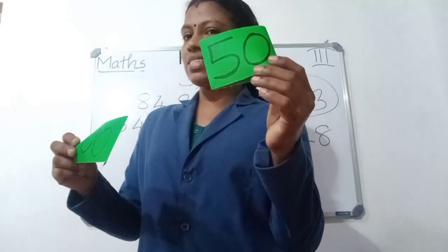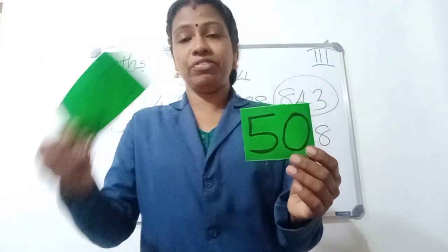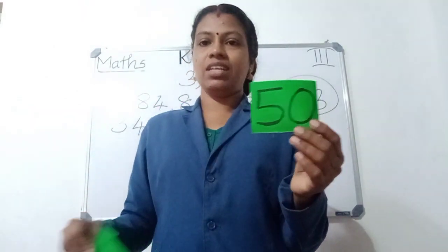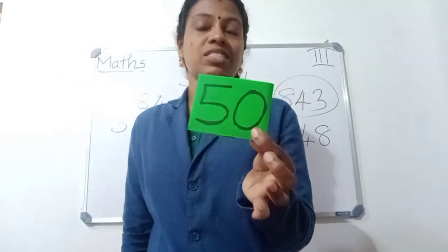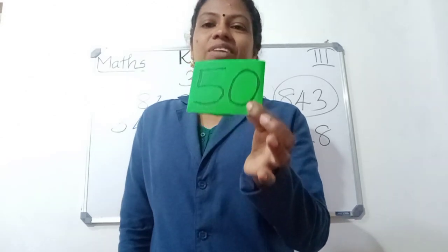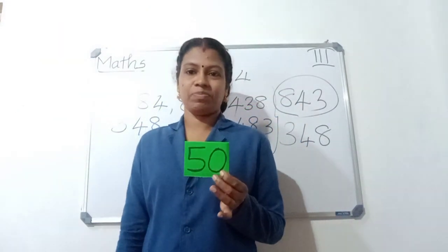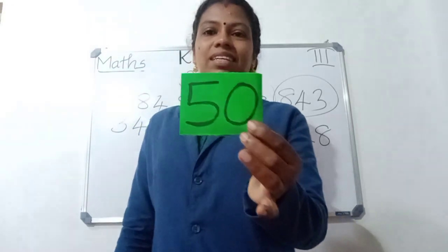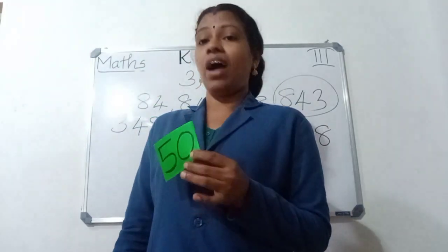Yes. So this is 50. So this is half of this 100. 2 50s make 100. So 50 is called half. So we call this 50 as half century, because the number is just 50. It is half of 100.